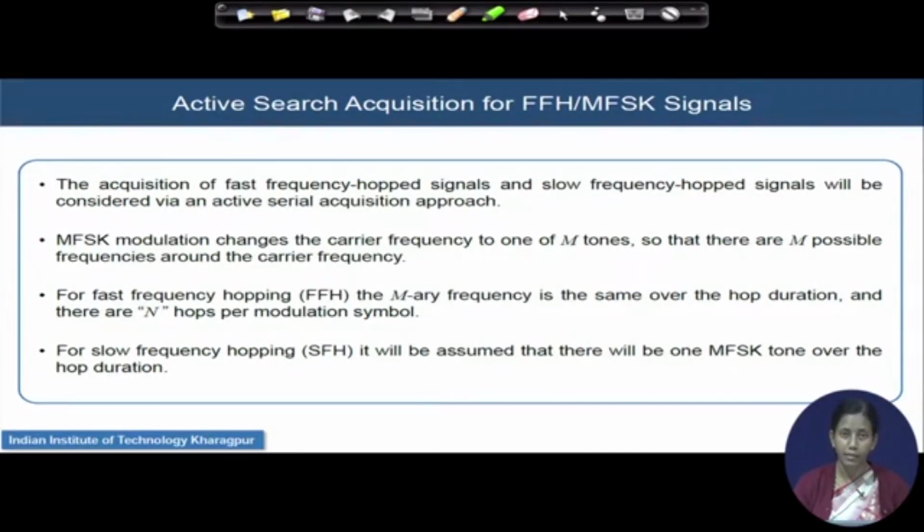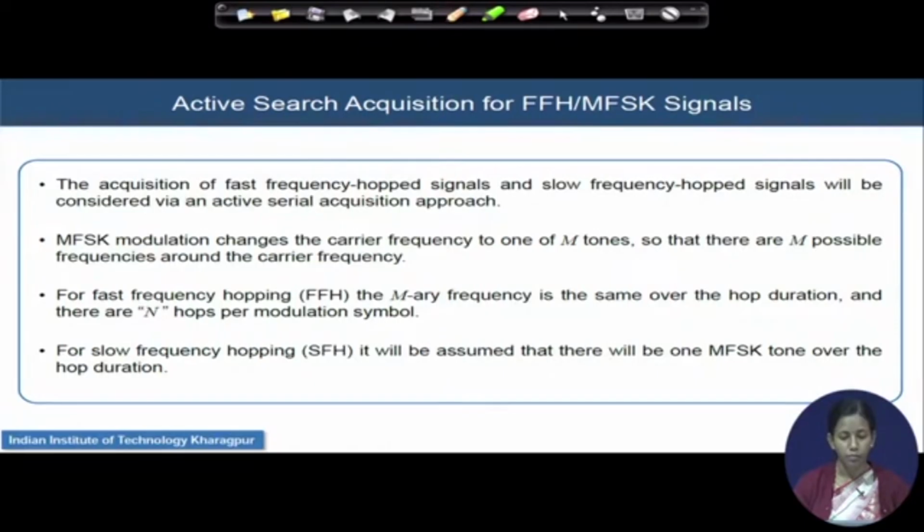As it is an active serial search mechanism, we will have the correlator as well as integrate-and-dump receivers. So, multiplier and integrate-and-dump receiver, non-coherent and envelope detectors, all those components are expected to be present in the signal path, rather than the matched filter kind of architecture, which we have seen, which is a passive device.